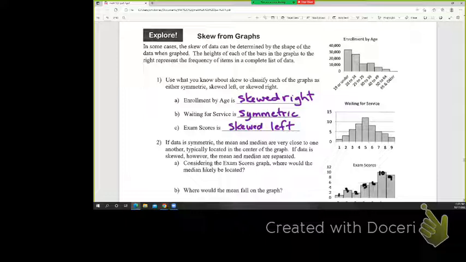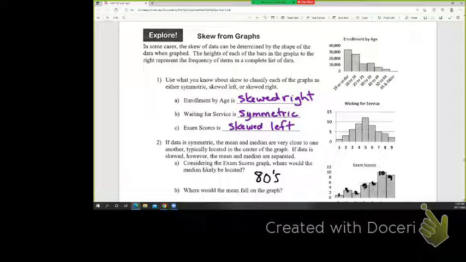So when you think about how many there are, 36 numbers altogether. You follow me? This is the frequency, and there are 36 scores represented here. So the middle would be between number 18 and number 19. Well, there are 19 numbers down here, so the median would actually be in the 80s.